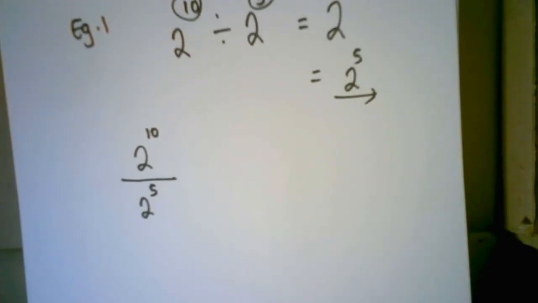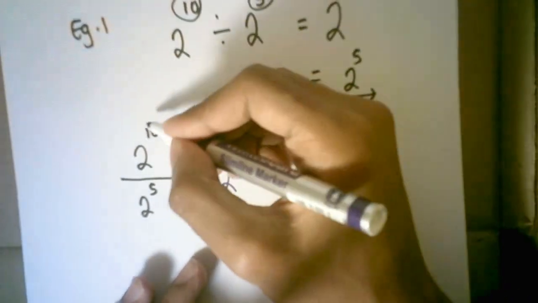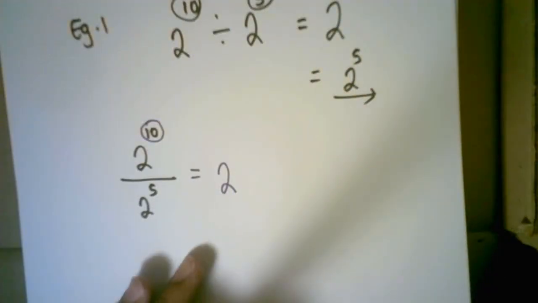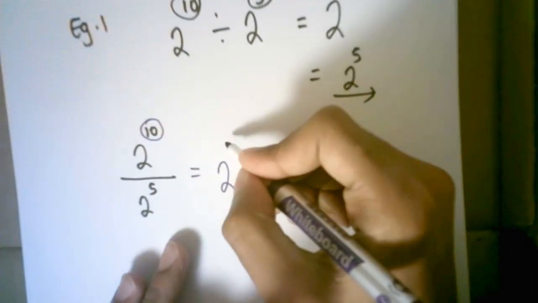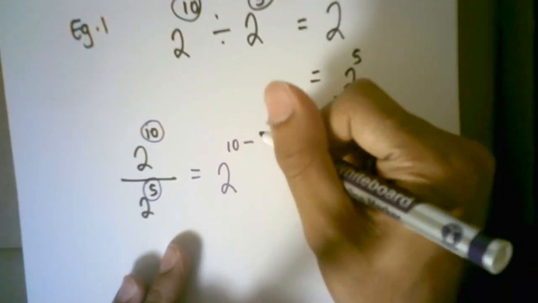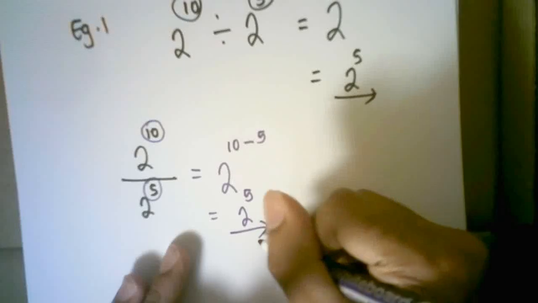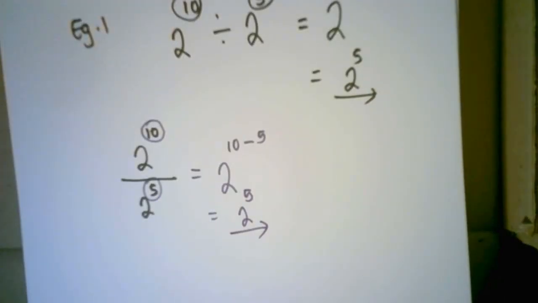So this is going to be equal to, again, I'm going to keep the common base of 2. I'm going to take the first exponent, in this case the exponent of the numerator, which is 10, minus the exponent of the denominator, which is 5, which is equal to 2 raised to the power of 5. And that's your final answer from there.